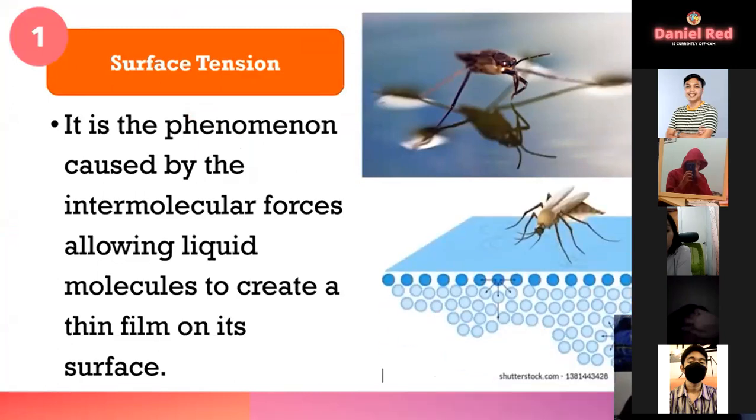As you can see, this is what is happening during the surface tension, or the intermolecular forces interaction. The molecules are attracted to each other, therefore they are forming strong or weak intermolecular forces. That is the reason why some organisms can walk on the water.